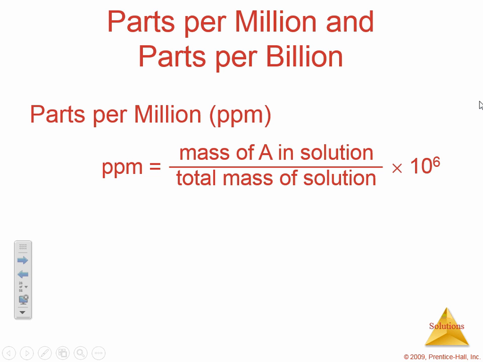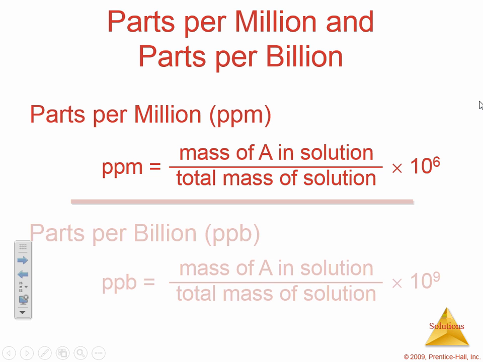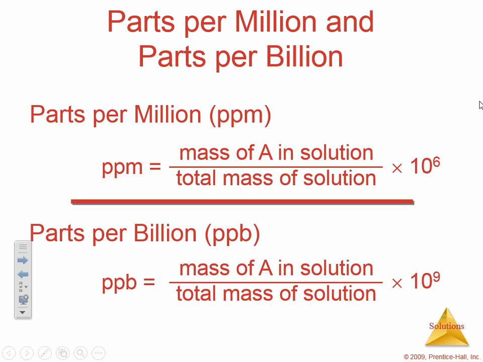So if you're going to figure out parts per million, you're going to do the mass percentage like we just did, the mass of A divided by the total mass of the solution, and multiply it by 10 to the 6th, which is a million. Or for parts per billion, instead of times 10 to the 6th, you're going to do it times 10 to the 9th, which is for a billion.